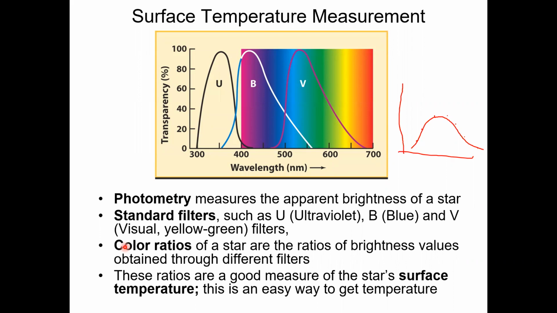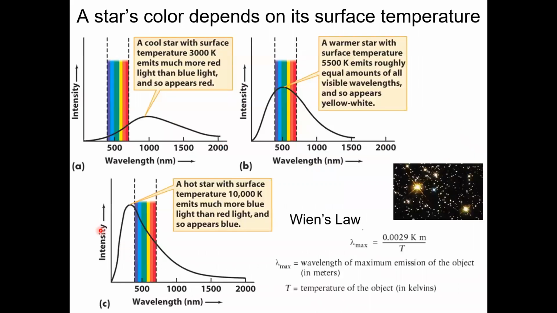So the technology is there to measure, but if you just look at what you really want to construct this graph, it is the color ratios. You only need to know the ratios. If you see the graphs over here, there is a peculiar ratio between blue and red. Here blue is small, red is high. Here they are about equal. Here the opposite. So then you know which side you are with respect to the peak, the left side or the right side.